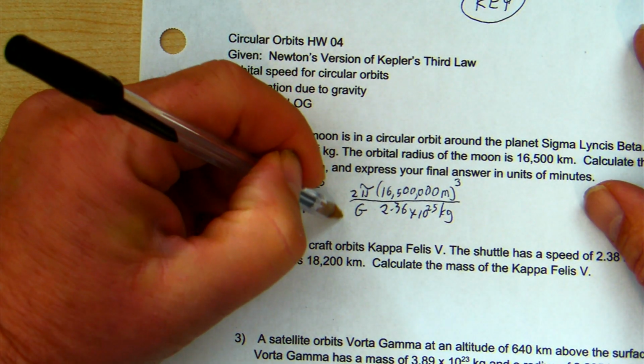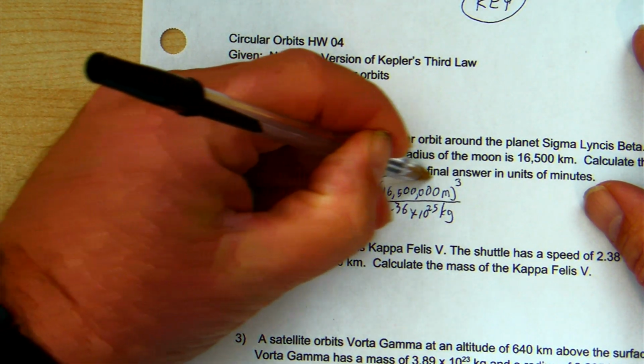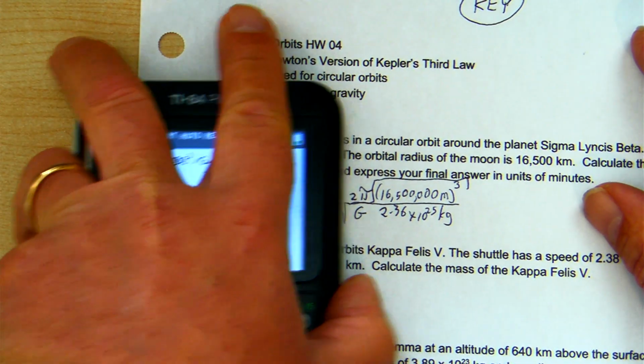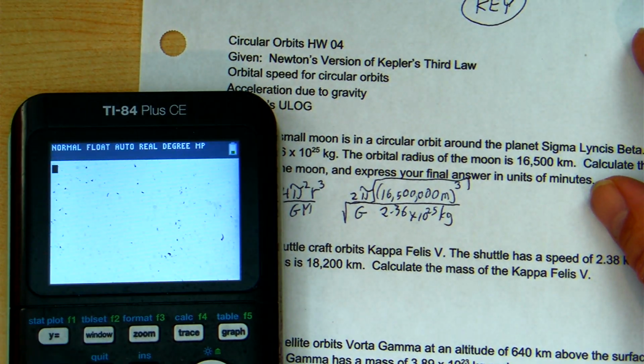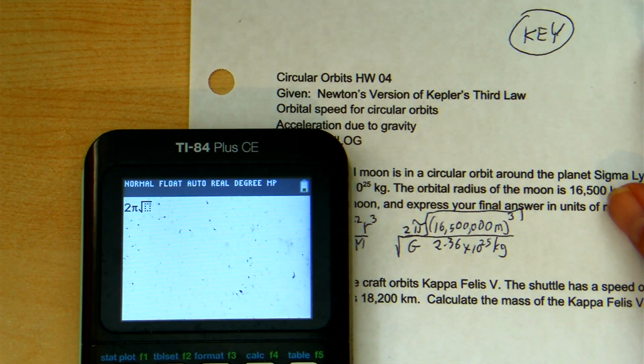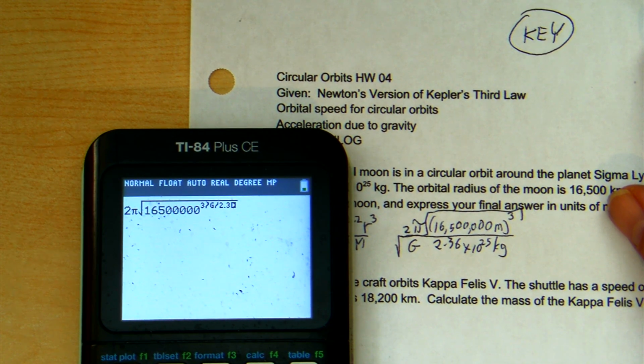So maybe I should redo this one. 2 pi times the square root of 16,500,000 cubed divided by G divided by 2.36 times 10 to the 25th power.